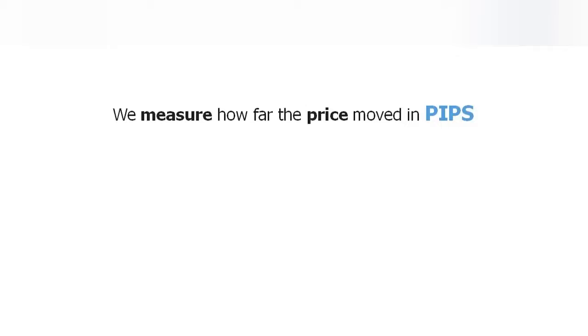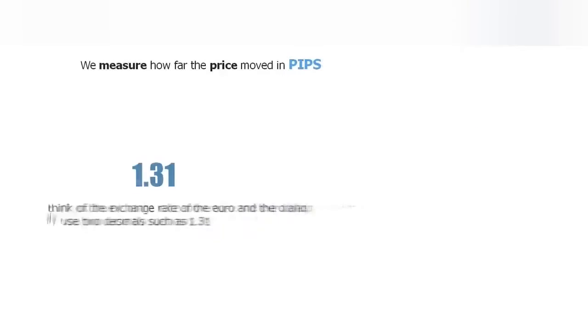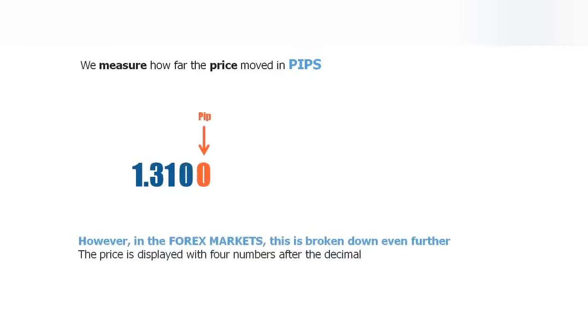You will find that we refer to pips throughout the lessons. We measure how far the price moved in pips. If you think of the exchange rate between the euro and the dollar, you only use 2 decimals, such as 1.31. However, in the Forex markets, this is broken down even further, and we observe the price as 1.3100. The last number, the last zero, is the pip.